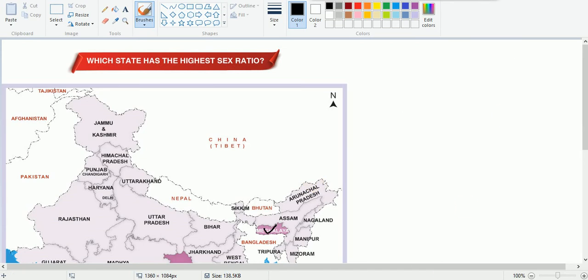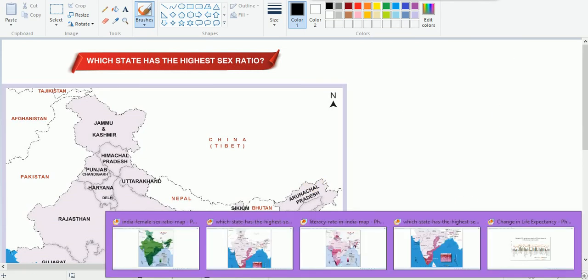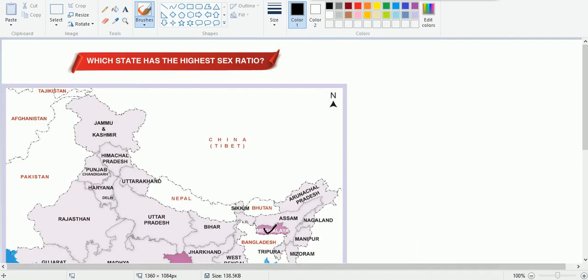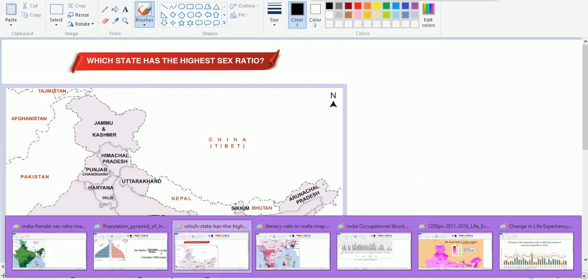For the literacy rate, as I told you earlier, see here, Kerala has the highest literacy rate. Any question from your side?